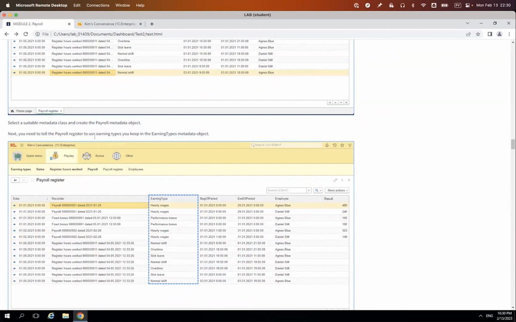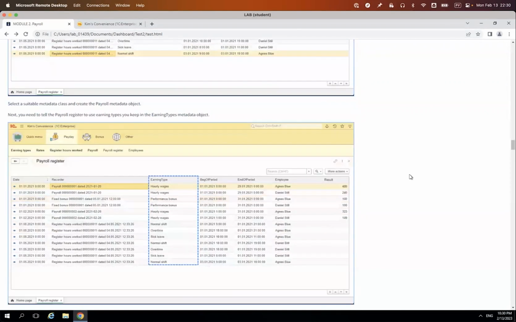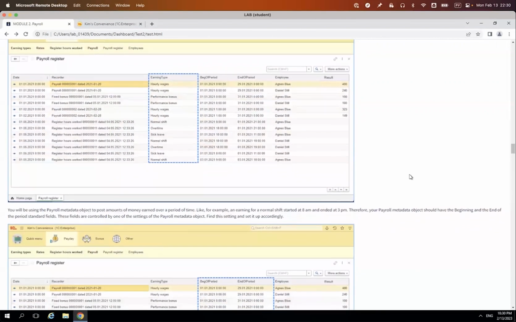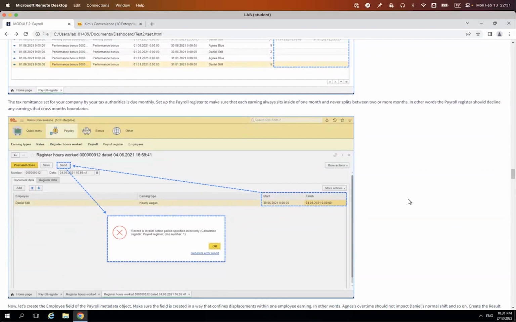We need to set up the payroll register in a way that it uses our earning types, so it knows that earning types live in the metadata object that we created before. It needs to remember which period of time this payment is for. If we pay our employees monthly, it should remember the month. If we pay weekly, it should remember the week. Basically, it should remember the beginning and the end of the period which this payment is for. This is an important part.